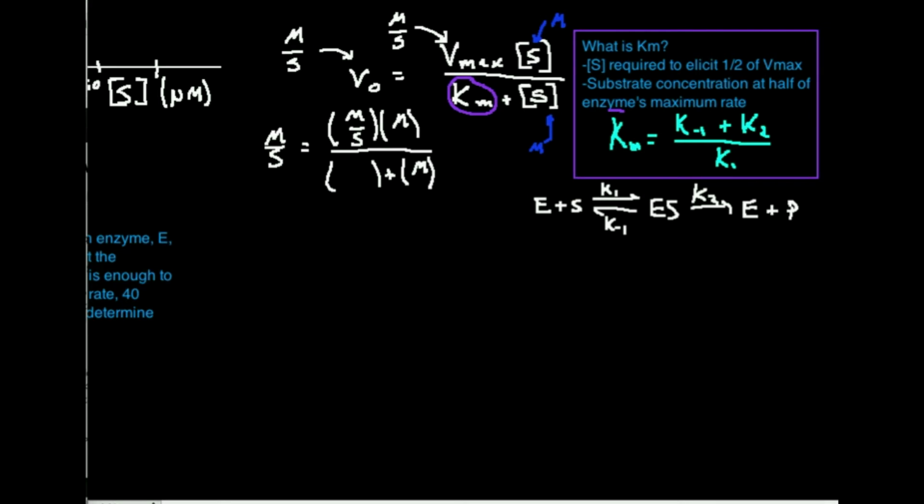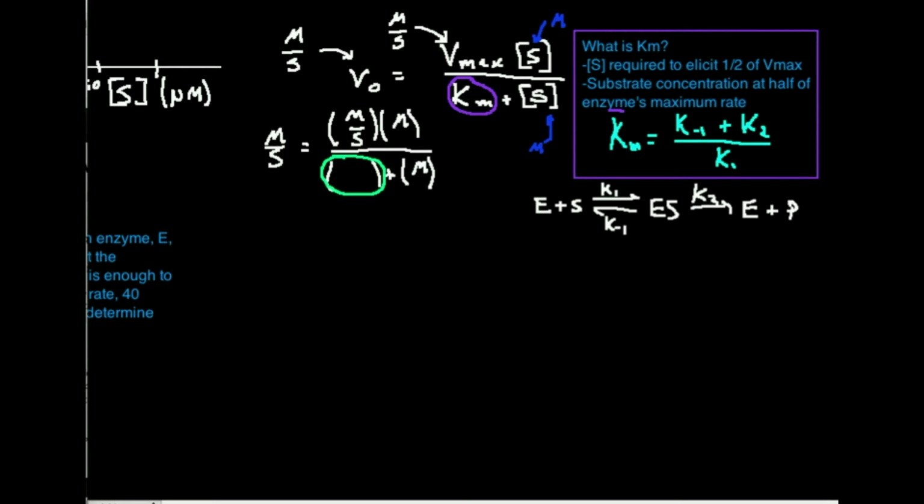Now, here's the question. What do the units of this Km, and I'm talking about this right here, have to be in order for all of these to multiply and add together to give molar per second? What does this unit have to be in this context?